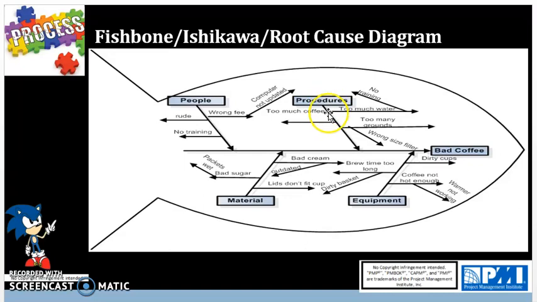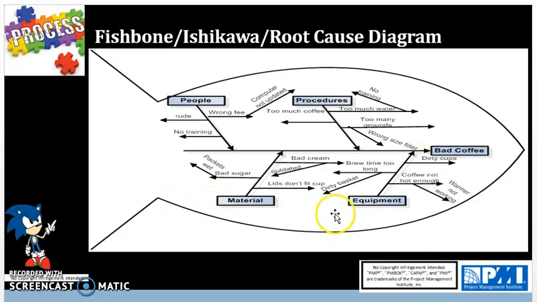Then below each primary cause, we have secondary causes. Procedure-wise, we have too much coffee, no training for the staff, too much water, too many grounds, or the wrong size filter. That's one example of a procedural risk cause. Then you have equipment causes, coming from brew time, the coffee not heating up enough, or dirty cups.